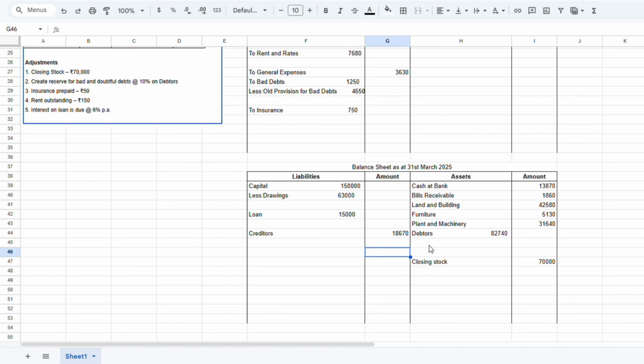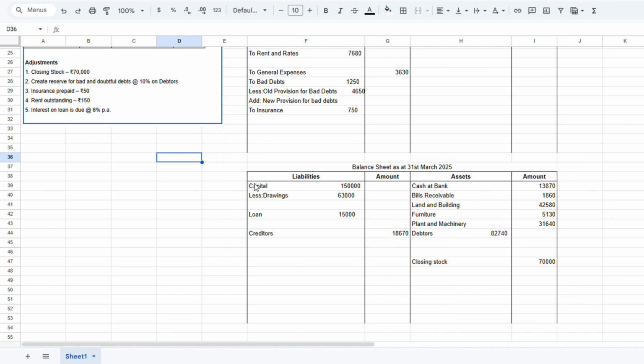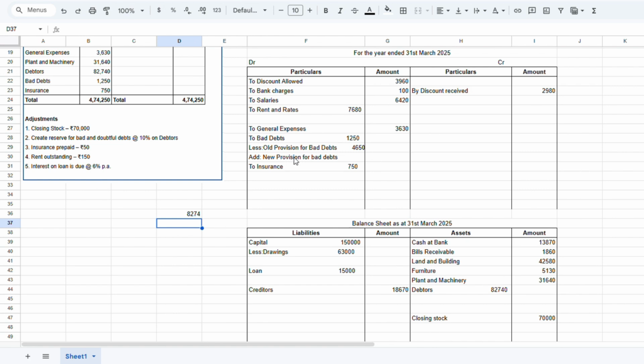Our debtors is 82,740. Multiply 82,740 at 10%, it is 8,274.